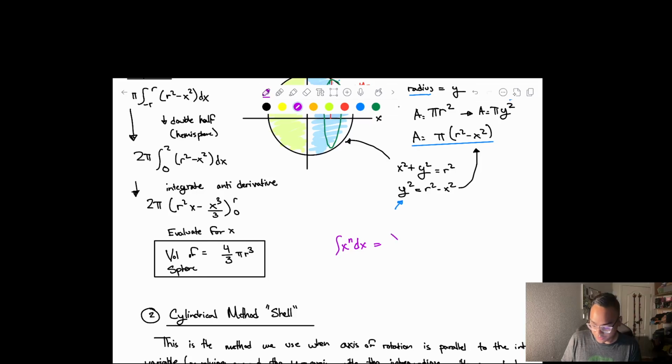It's going to be x to the n plus 1 over n plus 1 plus c. So if we follow this same formula and insert this over here, that's where we get the volume of a sphere. So you can kind of think of this as the anti version of a derivative. So that's why they call it an antiderivative.